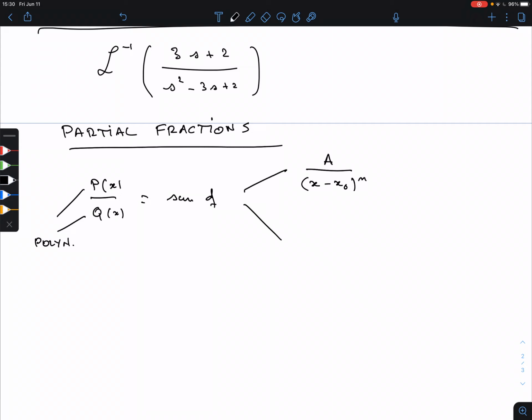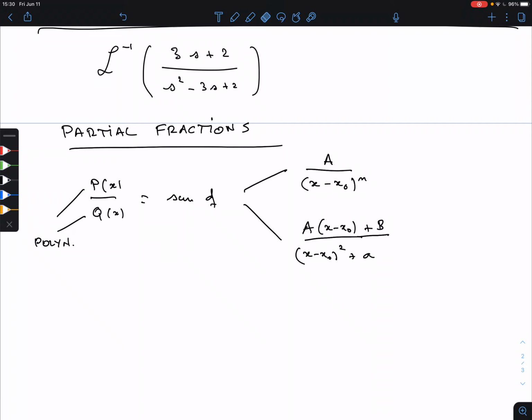Or the other form is that in the bottom we get what is called a quadratic irreducible, which looks something like this, and then on top we would again take a polynomial of degree 1, but we again write it as a polynomial in x minus this x0.